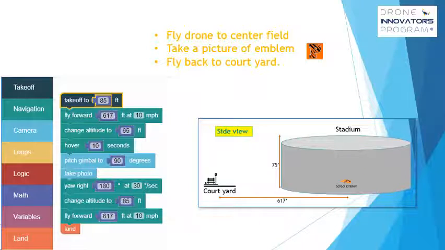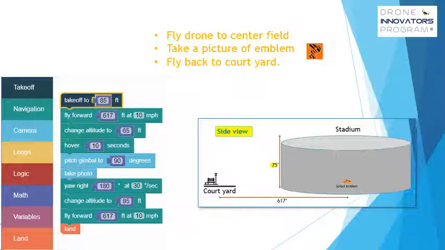I have a little highlighter here to explain the steps. First, we're going to take off to 85 feet. Why 85? Because we want to make sure we're clearing the highest point, which is 75 feet.